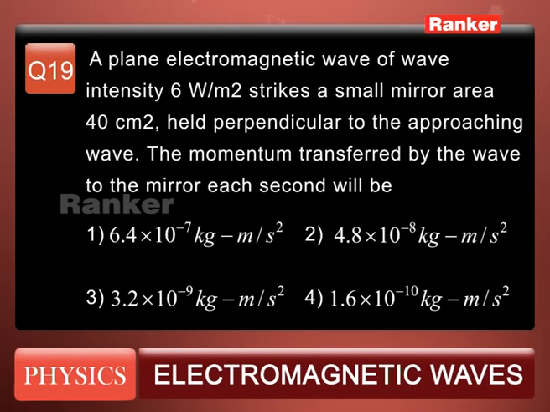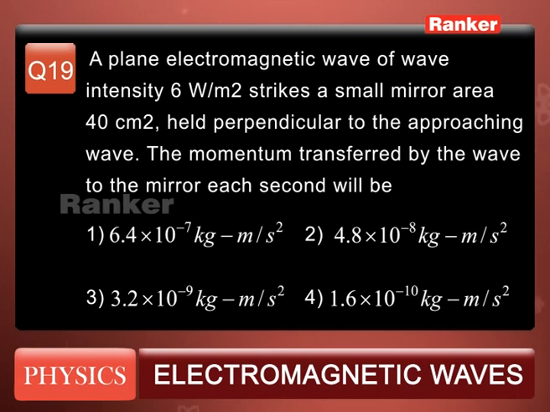Question number 19. A plane electromagnetic wave of wave intensity of 6 watt per meter square strikes a small mirror of area 40 centimeter square held perpendicular to the approaching wave.